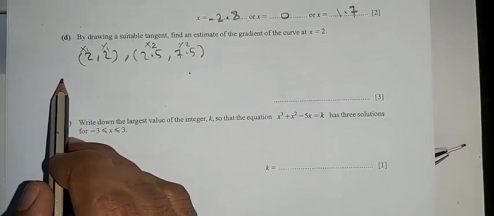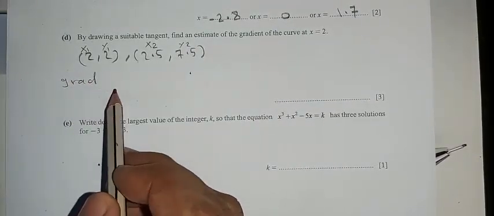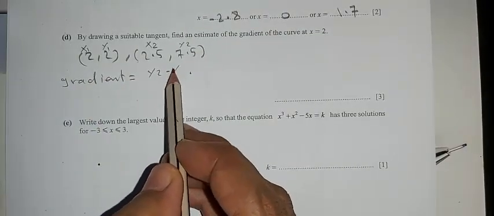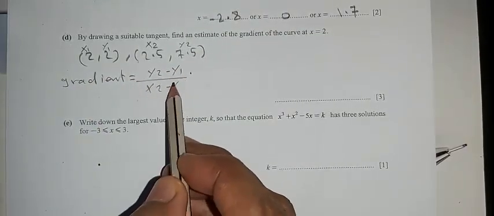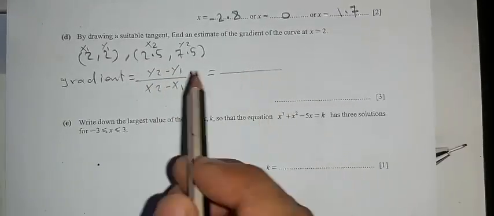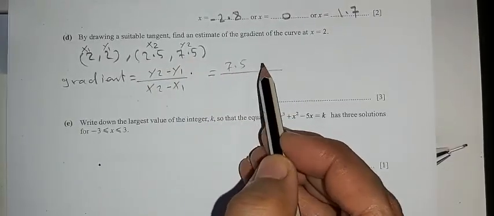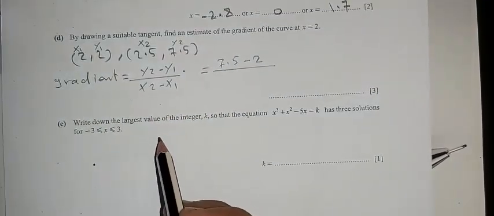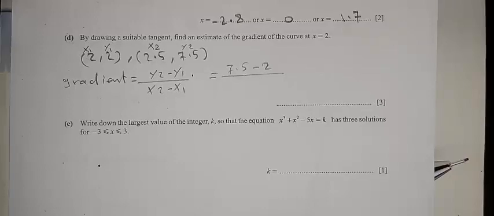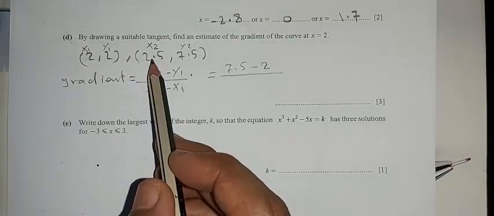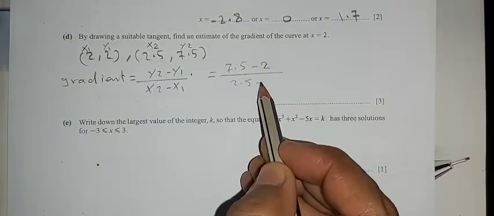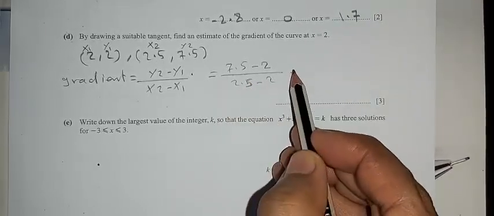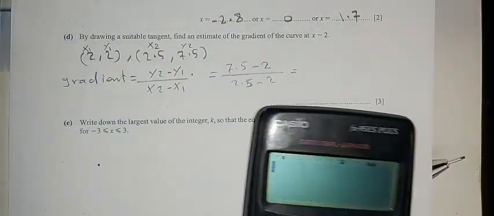So the gradient is y2 minus y1 over x2 minus x1. y2 is 7.5 minus y1 is 2, over x2 is 2.5 minus x1 is 2. This will be the calculator.